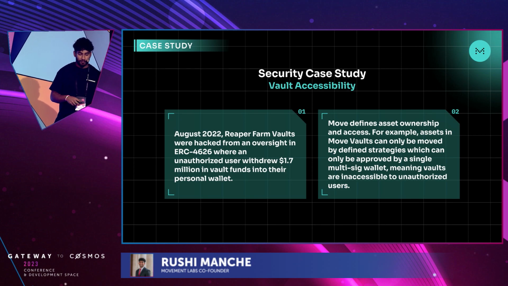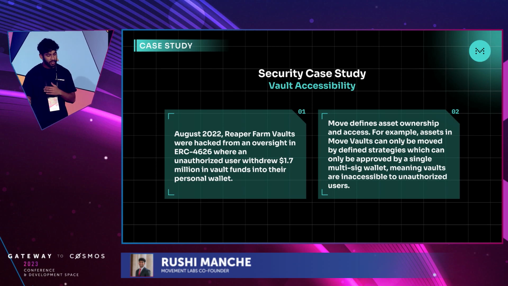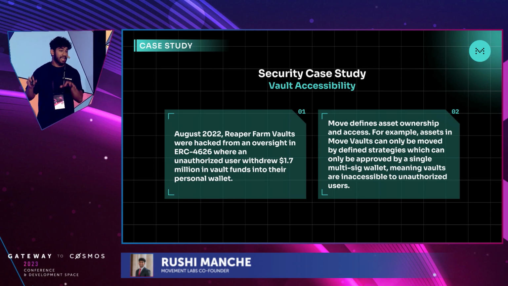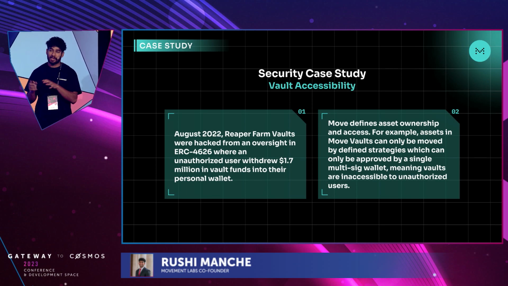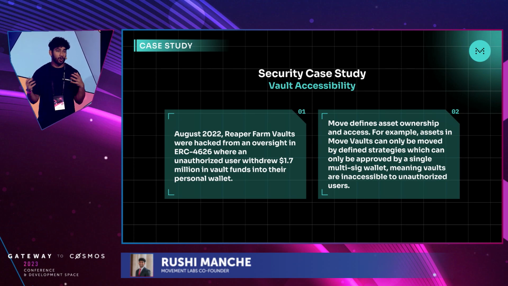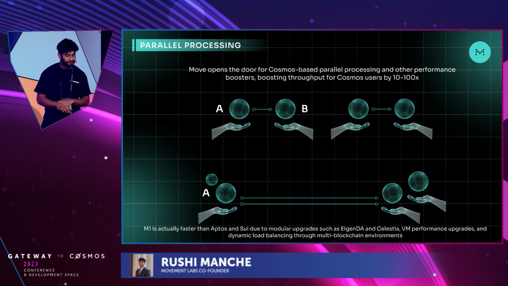For example, if you have a Move vault that can only be moved by specific strategies, the strategies can be modified only by a multi-sig wallet or by a specific user. You can give specific account addresses the ability to modify the vault only. So when you are a developer, especially a newer developer, you have much more flexibility in terms of security. You can define who has access, when they have access, and why they have access. So in the case of vault accessibility, Move would be the most secure language for that.